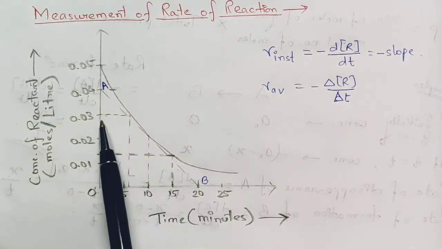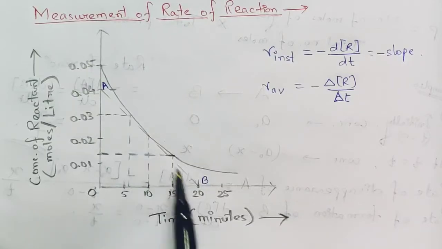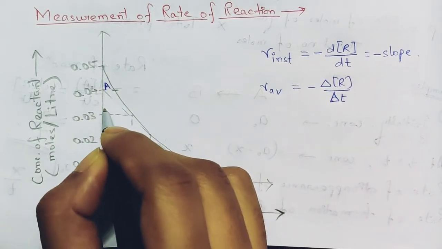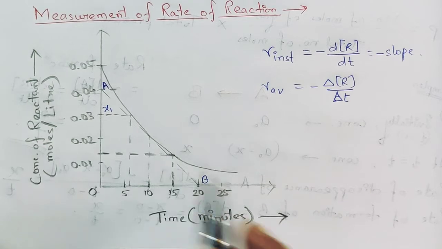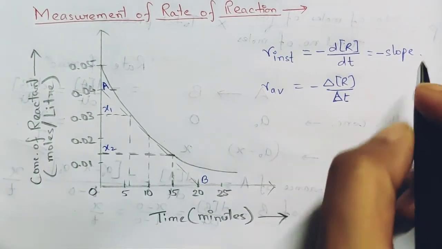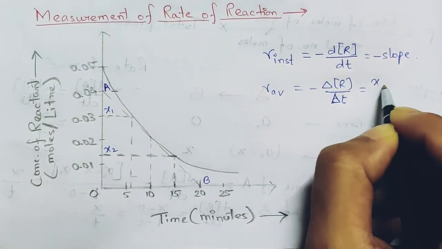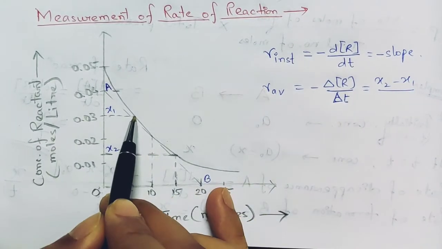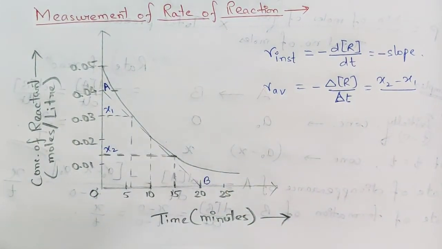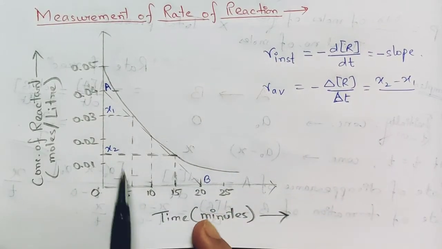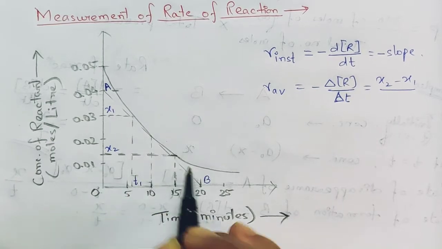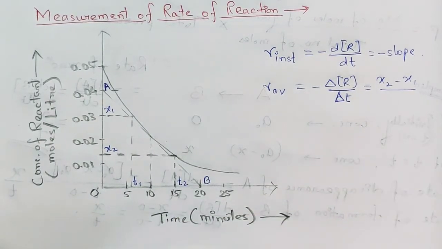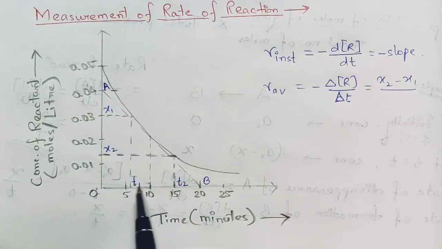So if the change in concentration is from here to here, let's take this one as x1, that is the initial concentration, and if it is x2, then the change in concentration here will be x2 minus x1, because from here to here it is the change in concentration. Now for delta t, see here, for x1 the time is t1 and for x2 the time is t2. So here delta t will be t2 minus t1.